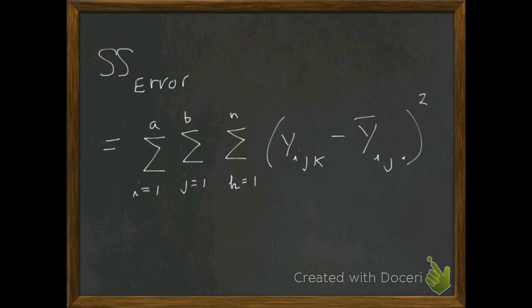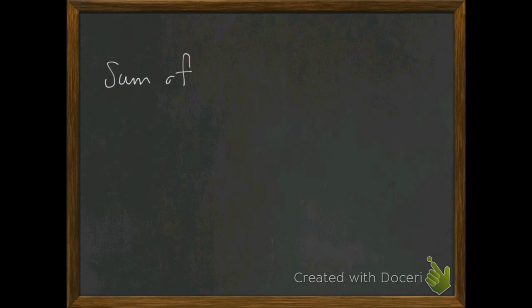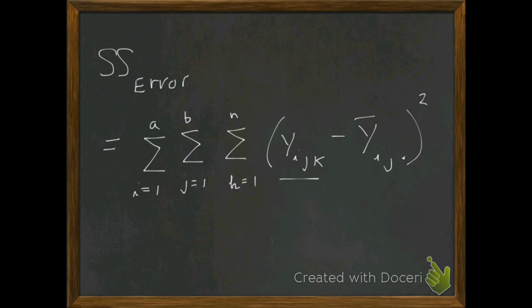And putting that in lay terms, this is the sum of, so this is going to be our cell measure minus the cell mean squared.